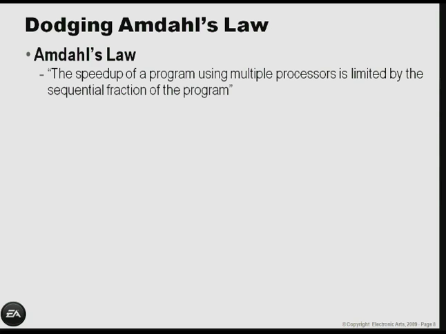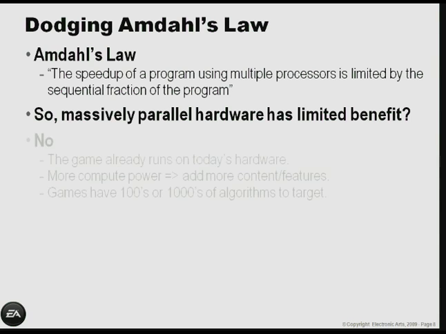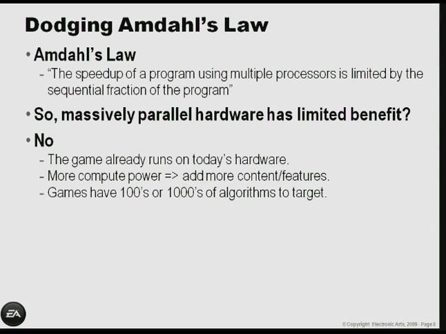I'll just remind you of Amdahl's law. People often say to me, well, gee, you're not going to be able to speed up your whole game. Games are very complex. There's a whole bunch of code in there you really can't do anything with. And Amdahl's law would cover that, and yeah, they're absolutely right. But the reality is we don't have to do that in the context of a game. The game's already running on the hardware we've got today.